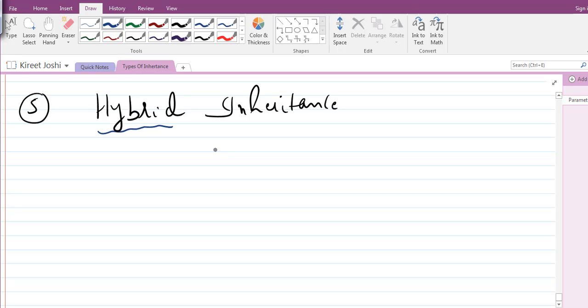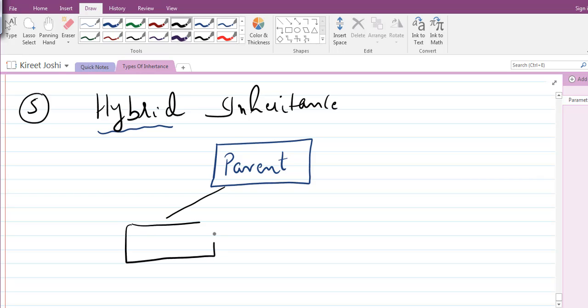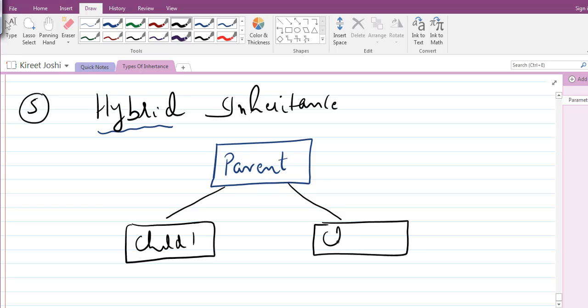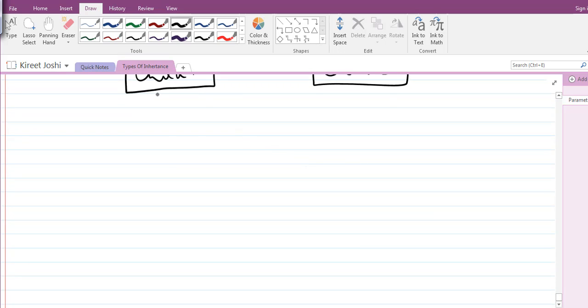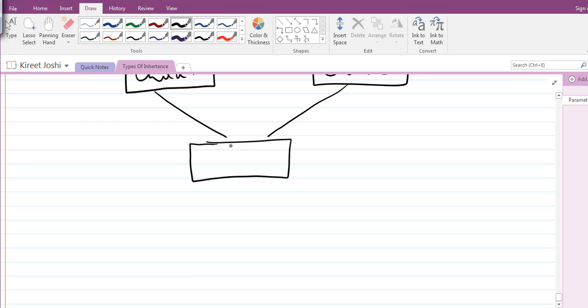It is something like this: this is a parent, and from this parent there are two child classes, child 1 and child 2. Again from these children we have derived a final class. So this is the final derived class.